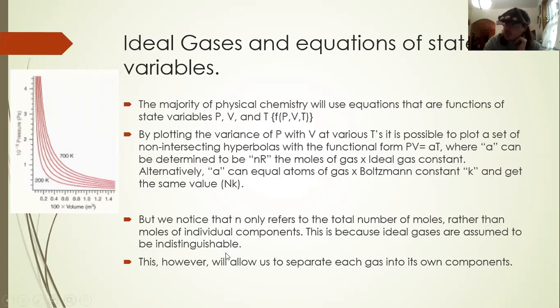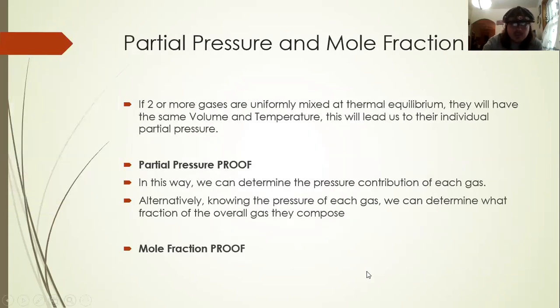Second, the gas has no set volume and has no intermolecular interactions. Because of this indistinguishability between these gases, we can separate each gas into its own components within this equation.